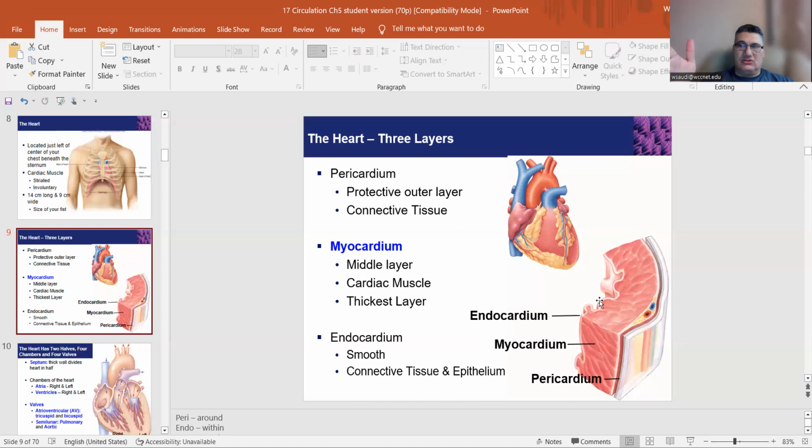Myo, muscles, middle. Peri, around. When you see endo, it's innermost. When you see myo, translation, muscles. So the middle layer is for the muscles. So this is what you should remember: middle layer is muscles. And then peri means around. These are the 3 layers.